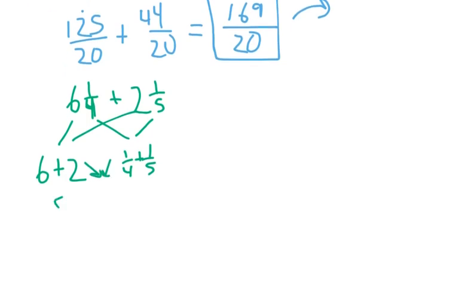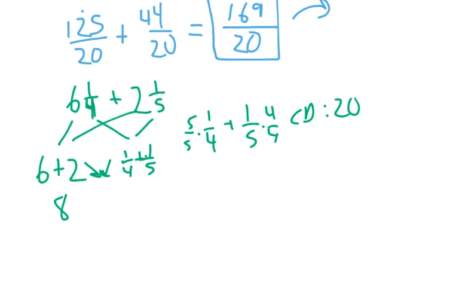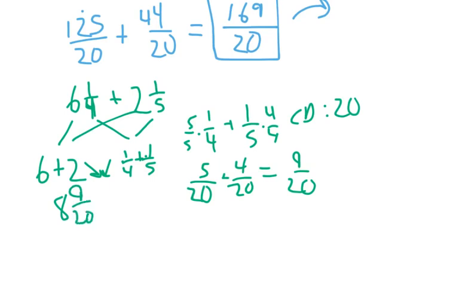And so here we'll get 8, and then we'll do the 1/4 plus 1/5. Common denominator is still 20, still times it by 5 over 5 and 4 over 4, and so you'll get 5 over 20 plus 4 over 20, and then that means that this is 9 over 20. So 9/20. And now we have a good mixed number.